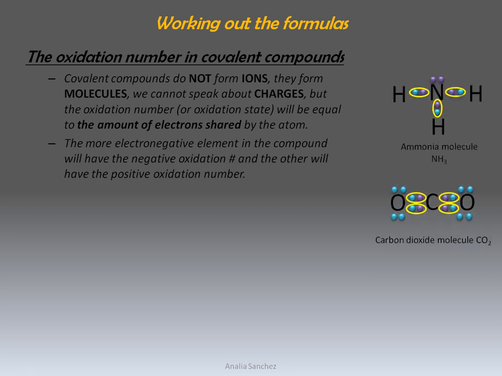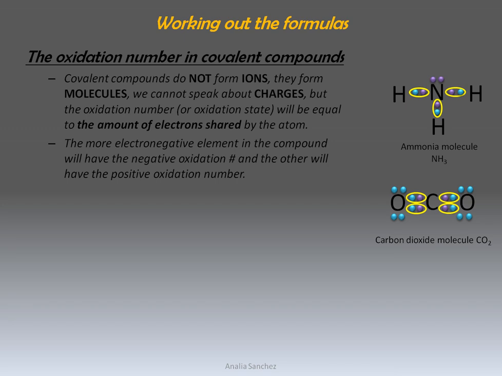For example, in the case of ammonia, nitrogen is sharing 3 pairs of electrons, and hydrogen is sharing 1 electron each. So since the nitrogen is sharing 3 electrons, the value will be 3. The hydrogen shares only 1, so the oxidation number or oxidation state for hydrogen will be 1. But we talked about positive and negative charges.